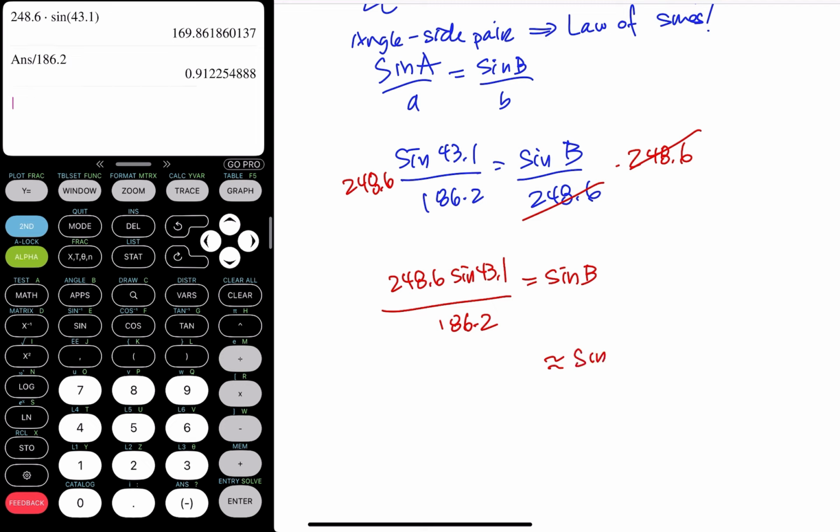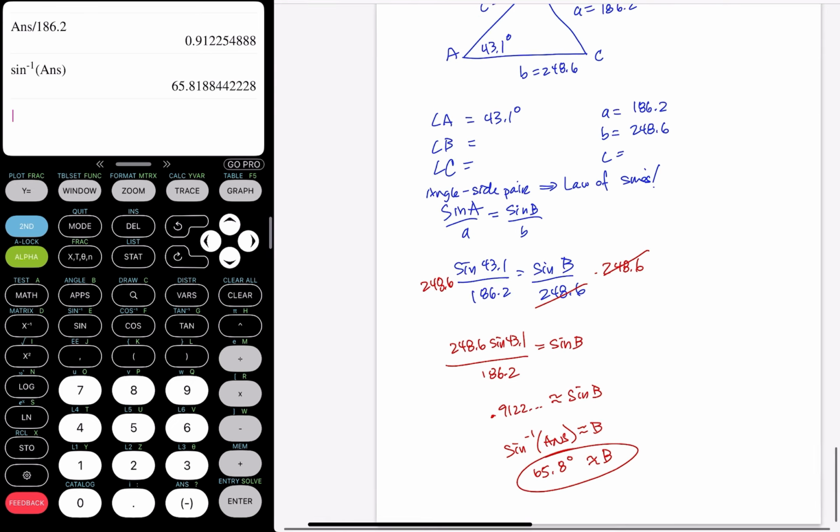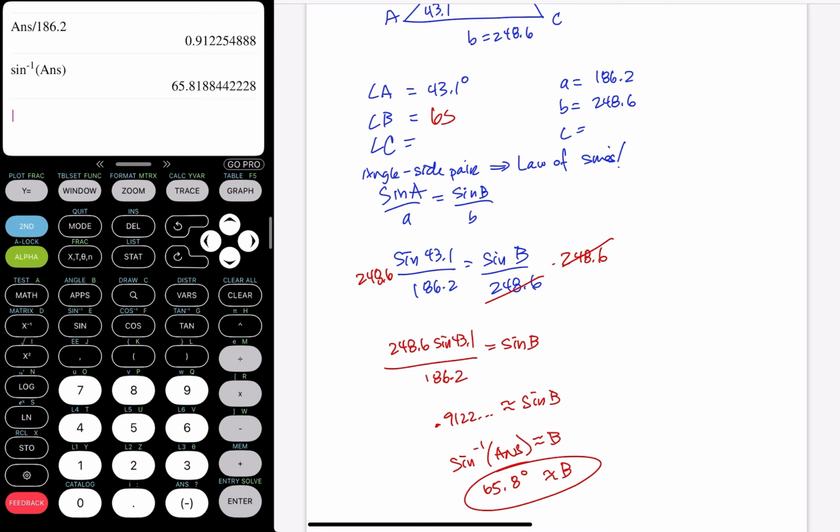So you get the sine of B is approximately equal to 0.9122 and some stuff. So I take sine inverse of the last answer. Now I'm going to get B. So B is approximately 65.8 degrees. Right? And I will finish this in just a little bit.